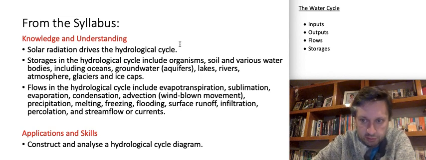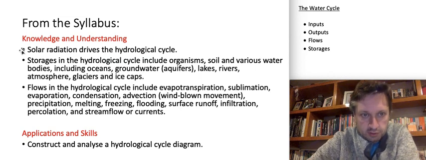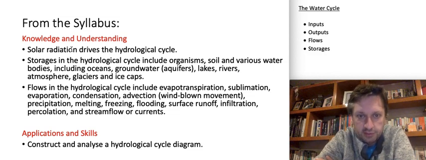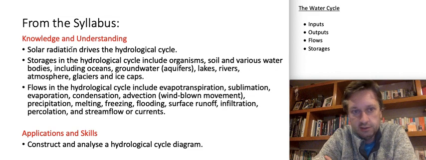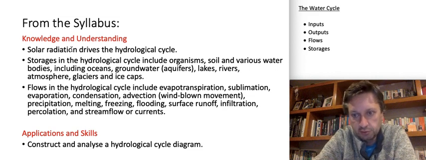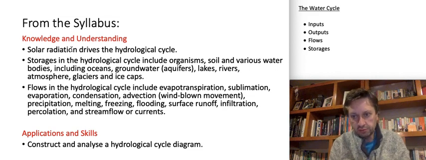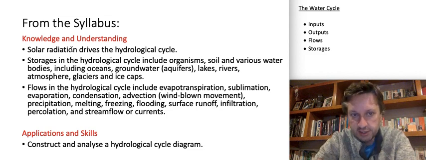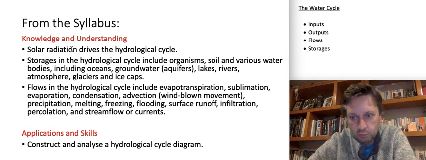It's fairly straightforward. First of all, the first bullet point here is a statement of fact. The water cycle is driven by energy from the sun, by solar radiation. Although I've already said that the water cycle is a system in which matter is involved, water particles, it needs to be driven by energy, and that energy comes ultimately from the sun.